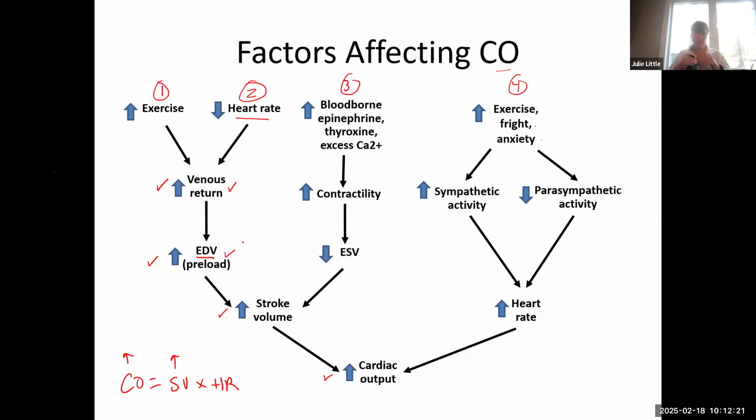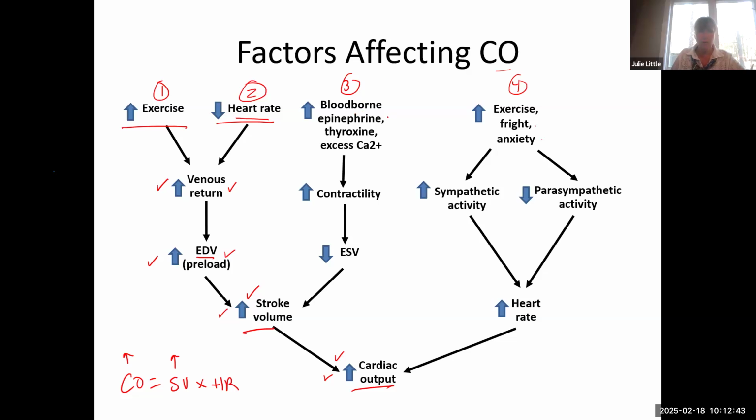You have more time for ventricular filling. More time for ventricular filling increases preload, which increases stroke volume and cardiac output. So either increasing exercise or decreasing heart rate is going to increase stroke volume and therefore increase cardiac output.